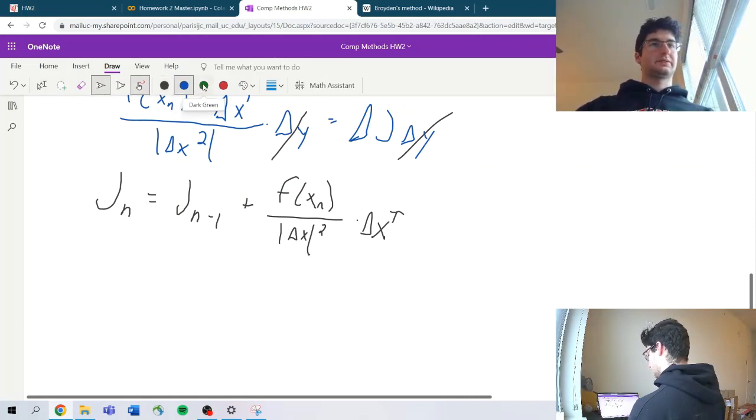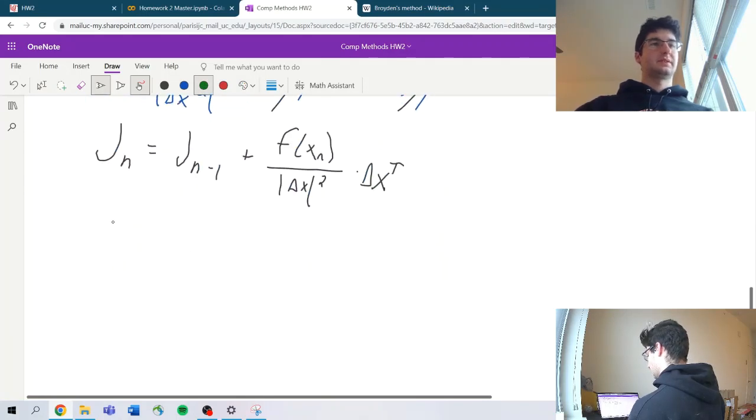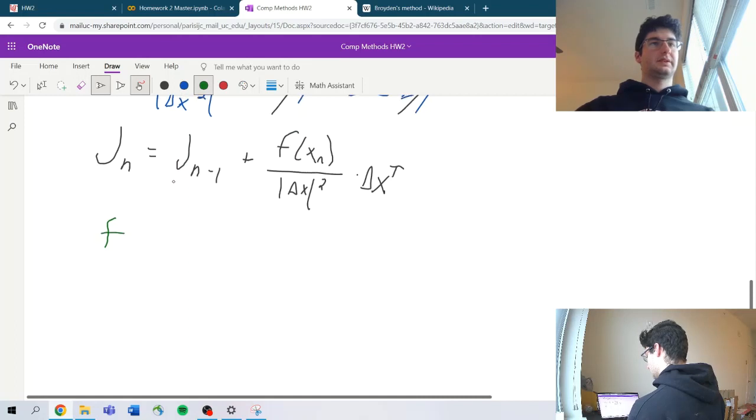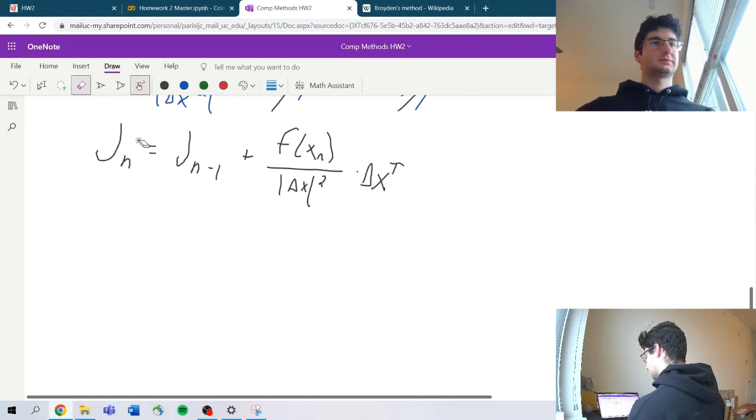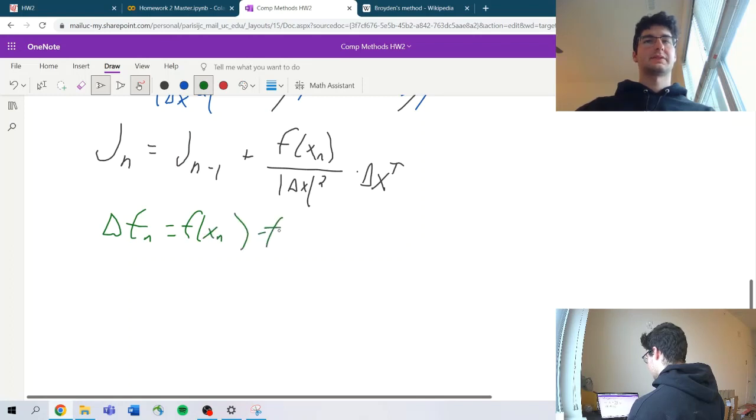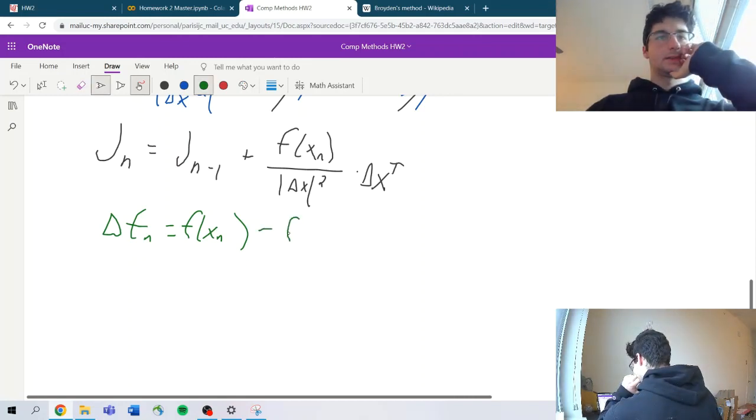The way we're going to do that, let's switch back to green. By definition, the change in f, let's try to draw a better triangle, this change is equal to our f of x to the n minus its previous value, f of x to the n minus 1.